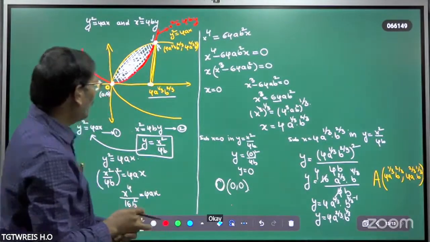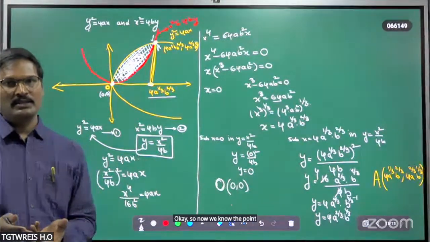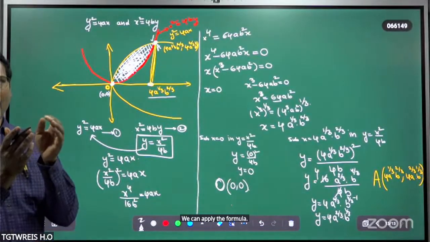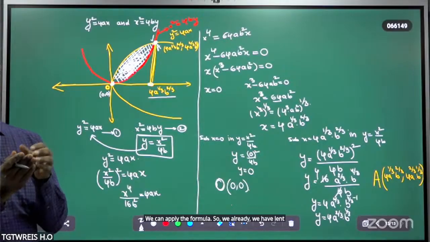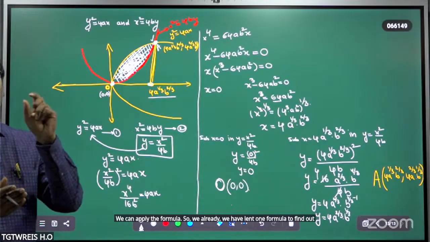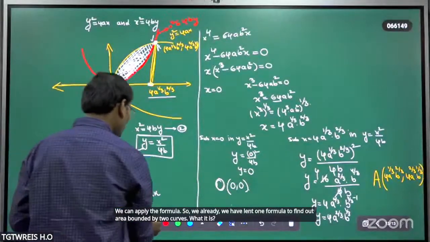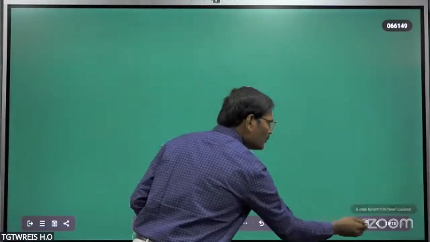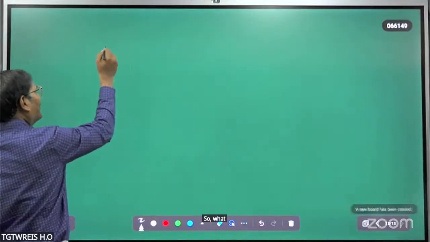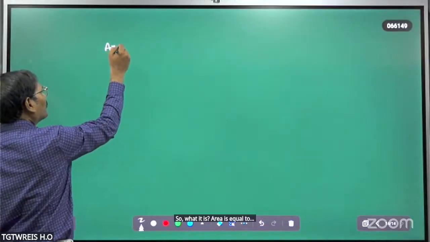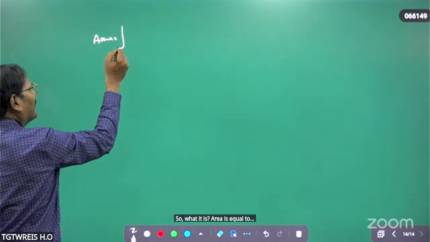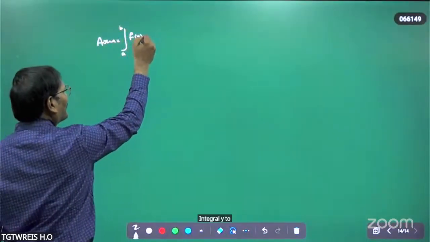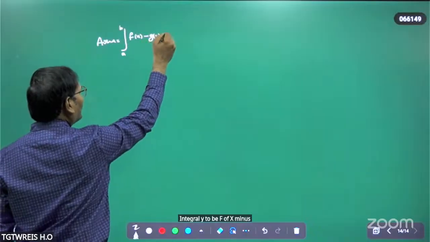Okay. So now we know the point of intersection and we know the limits. We can apply the formula. So we have learnt one formula to find the area bounded by two curves. What is it? Area is equal to integral a to b of f(x) minus g(x) dx.